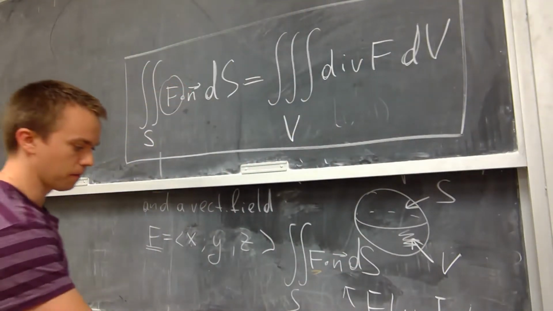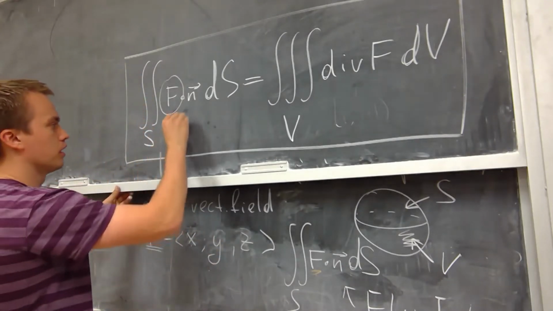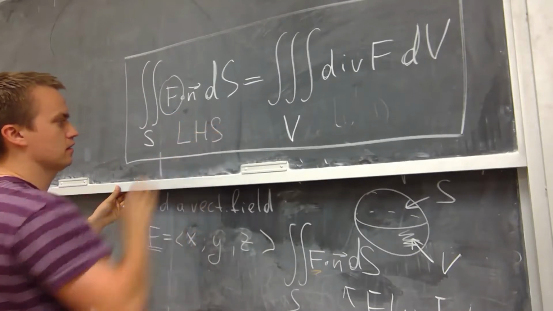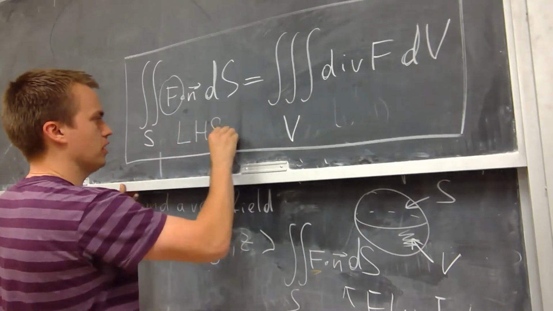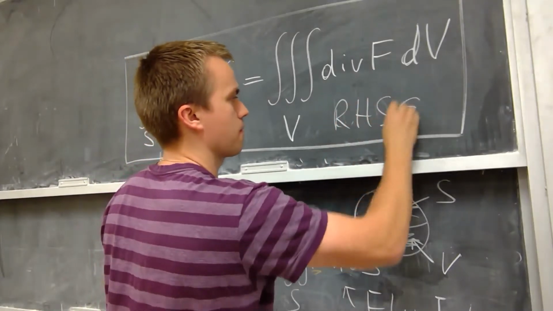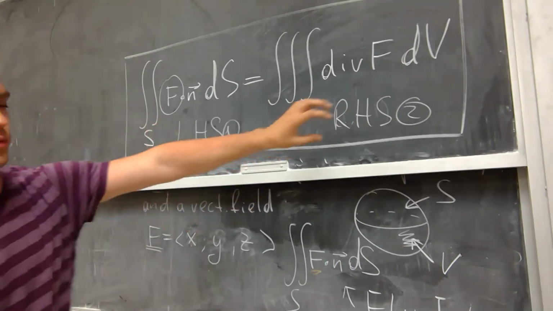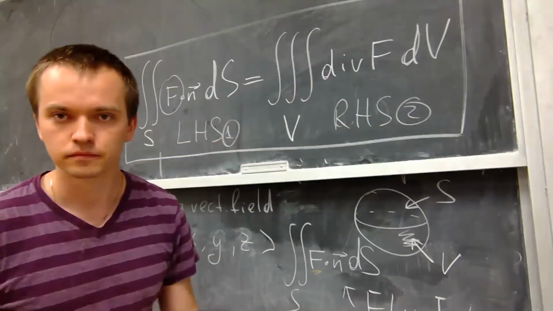Right now, I want to do two steps. For step number one, I want to compute the integral on the left-hand side. For step number two, I want to compute the integral on the right-hand side, and show that the integral on the left-hand side equals the integral on the right-hand side.